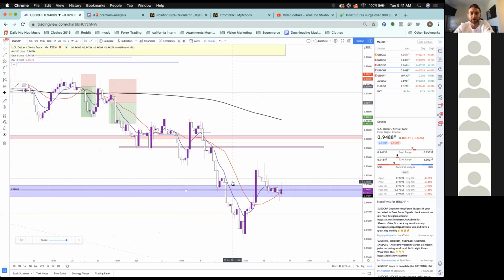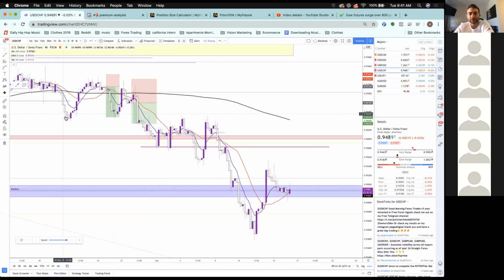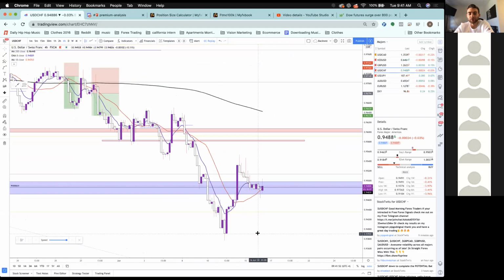Down to the 4-hour, we can see structure very clearly. We had this low, a lower high, a retest of the low, then a low formed, lower high, new low, lower high. Now we're at another low.